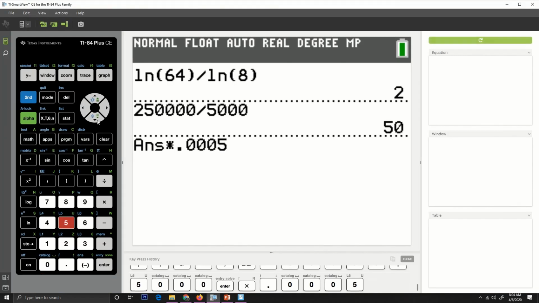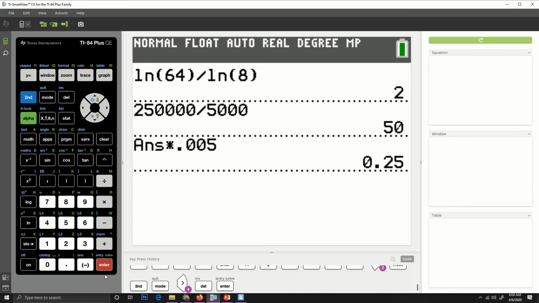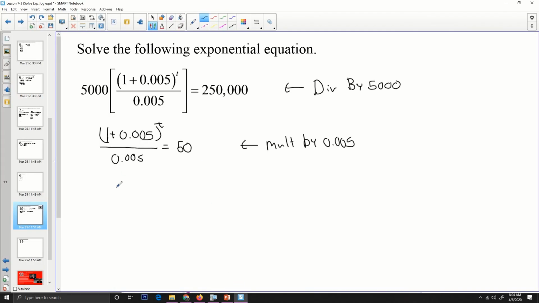So let's take out that 0. Let's hit delete there. Hit enter. I get 0.25. So I've got 1 plus 0.005 to the t equaling 0.25. And that should be a t right here, not a 2.